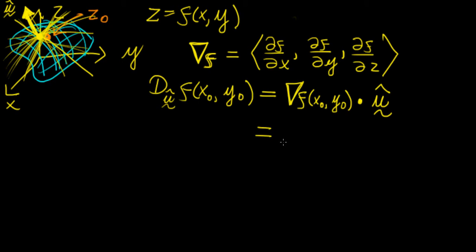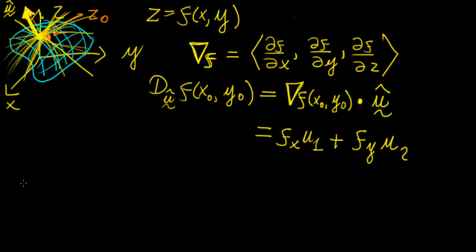So this is the same as saying f sub x, which is the partial derivative with respect to x, times u1, the first component of the vector, plus f sub y times u2. That's basically how we define the value of our directional derivative in that direction.